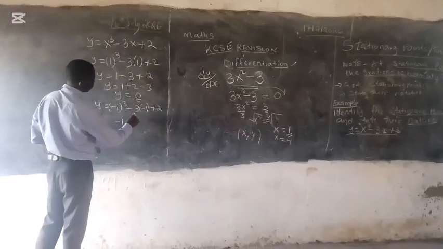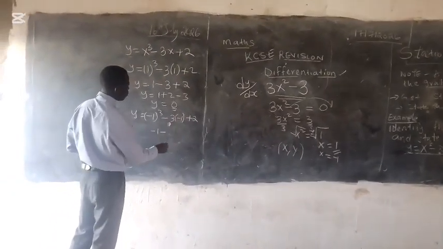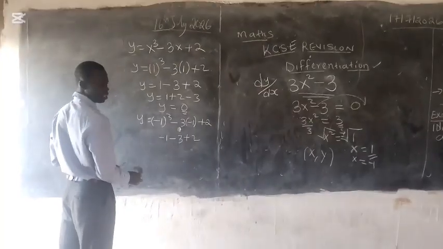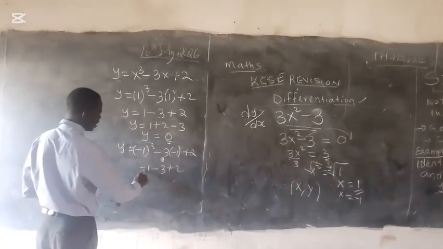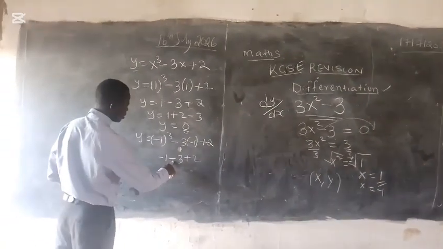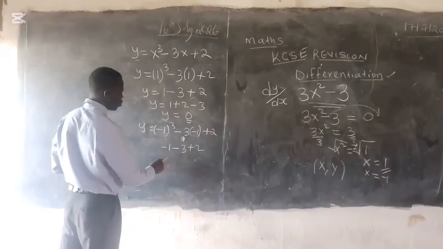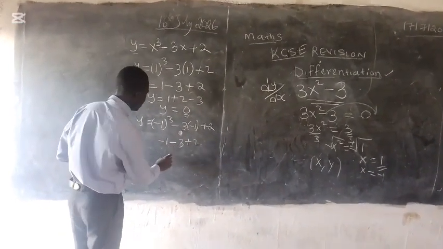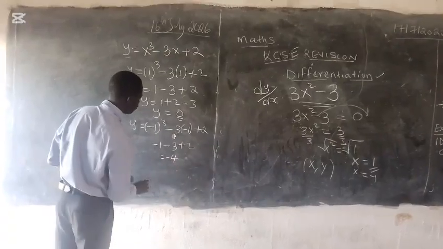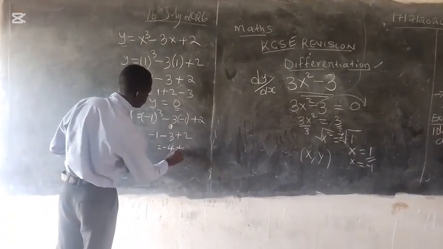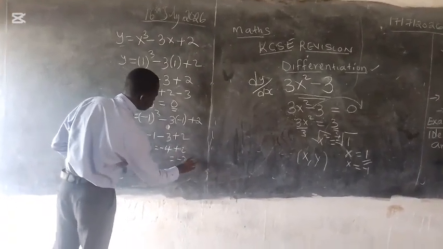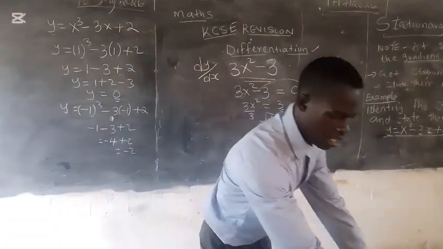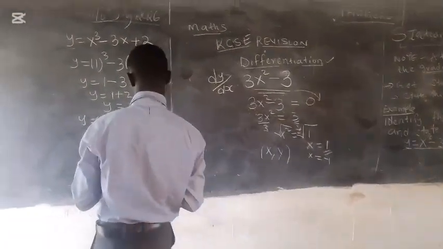Then negative 1 minus 3 becomes negative 4. Negative 4 plus 2, so the answer is negative 2. That's one of our stationary points that we should be able to understand.